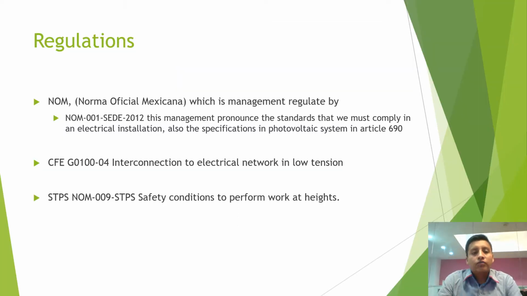For the regulations of solar energy, we have three principal regulations in the Norma Oficial Mexicana: NOM 001 SEDE 2012, and for CFE we have G0100-04, that is interconnection to the electrical network in low tension, and also we have the NOM 009 STPS, that is safety conditions to perform work at heights.